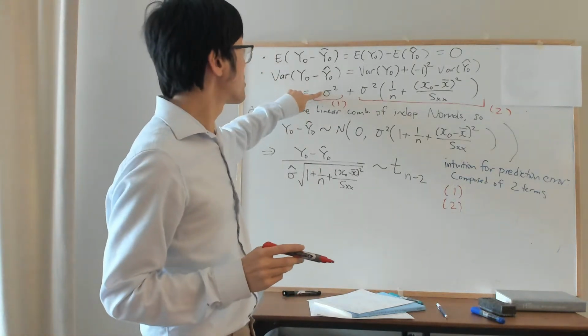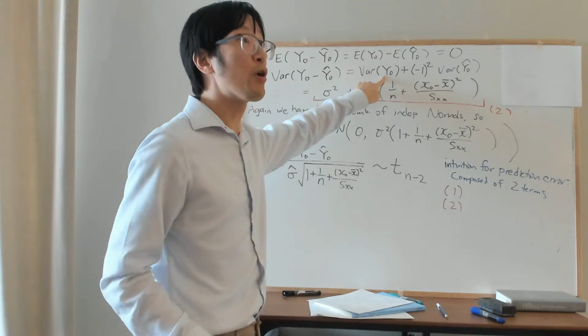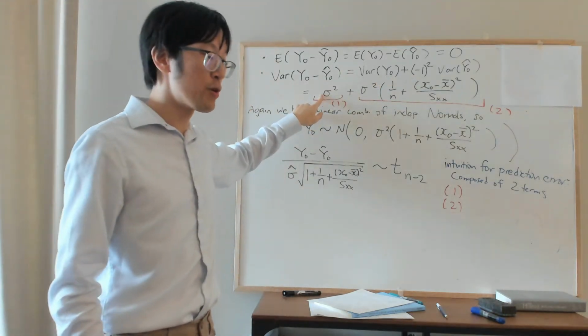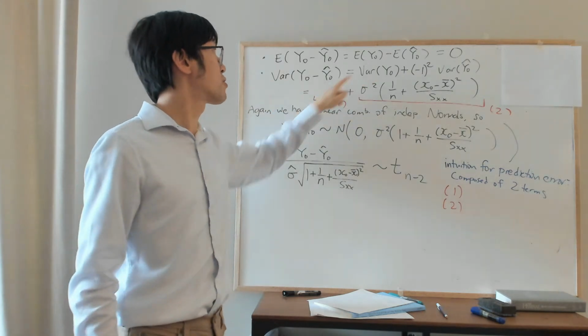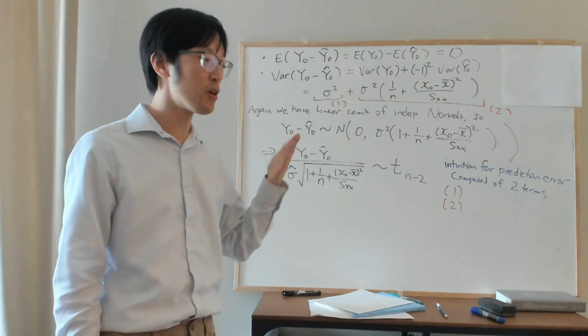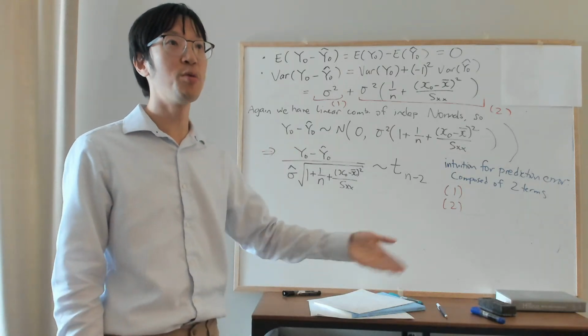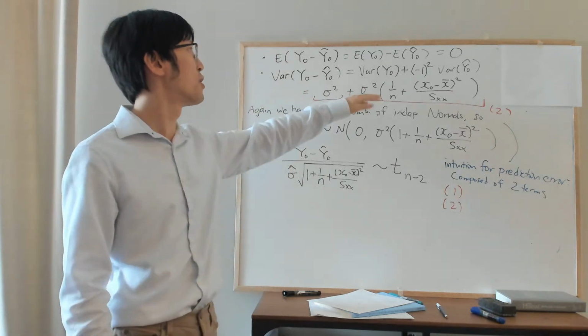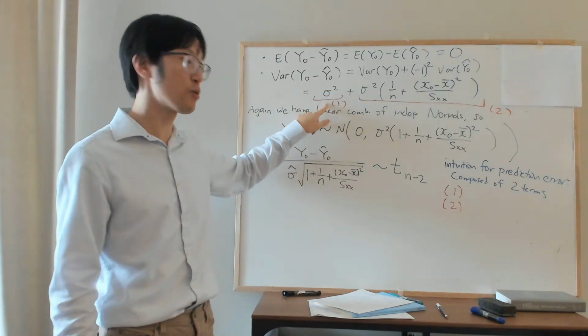Okay, so where's this sigma squared coming from? Well, it's coming from the model for y0. This sigma squared acknowledges that we want to make a prediction for y0. We have to account for the fact that the model isn't going to fit all the data to begin with. There's expected to be variability around the line, and how much variance is there, specifically sigma squared.